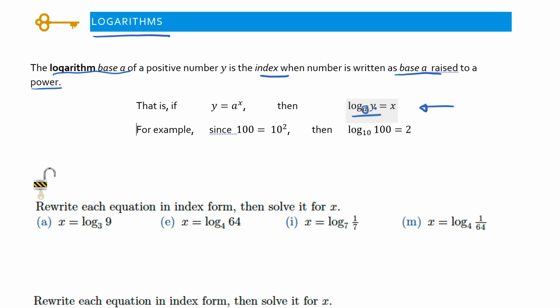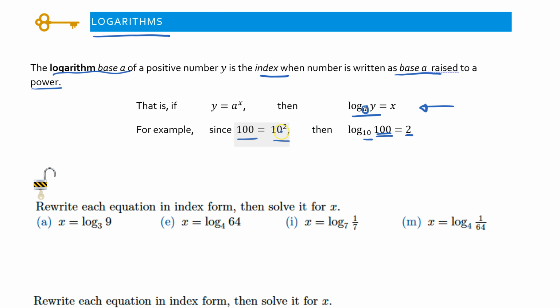Now, I find it even easier if we remember one simple relationship and then we've got the pattern worked out. So we know, for example, that 100 is 10 squared. Now, if I take the log of 100, then I'm saying 10 raised to the power of 2 equals 100. So it's like this sort of revolving relationship.